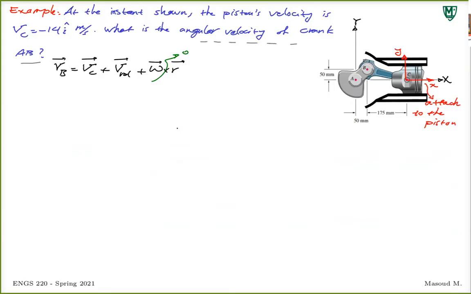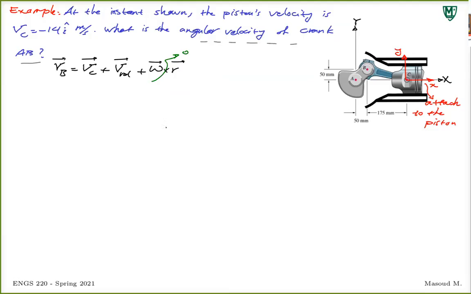Now let's do a general analysis. For VB, let's start with VC, the velocity of C. As I said, these are vectors, right? They have magnitude and direction. I've been emphasizing this, and now you see why.